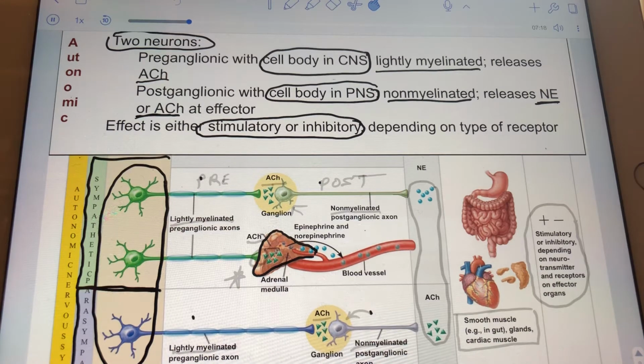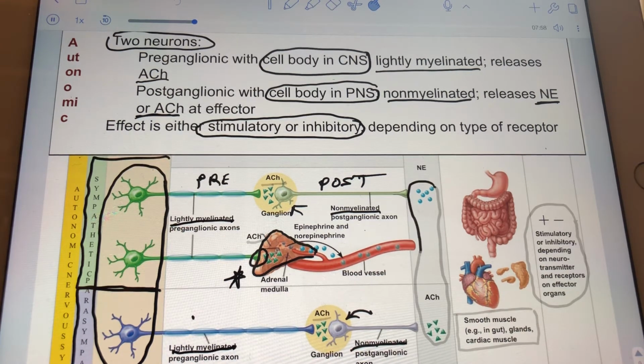Our postganglionic neuron is located within a ganglion, or in this weird case of the adrenal gland, is located near the surface of the adrenal gland, okay? Our first or preganglionic neuron is lightly myelinated, and our postganglionic neuron is non-myelinated.